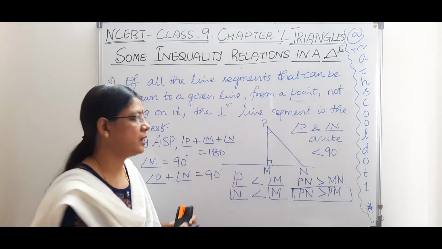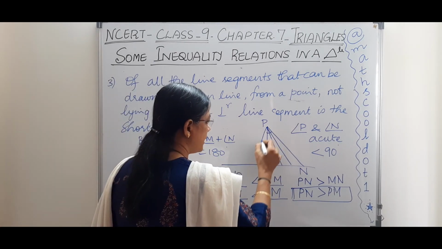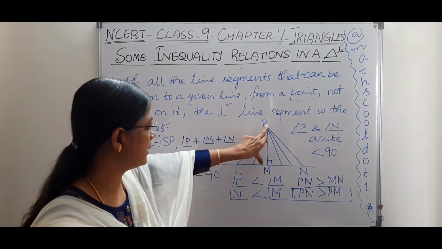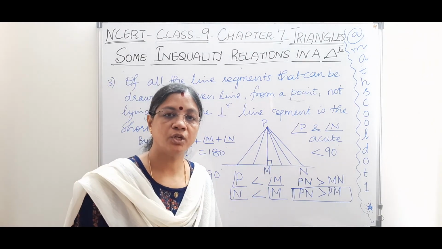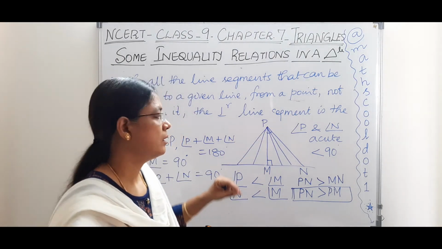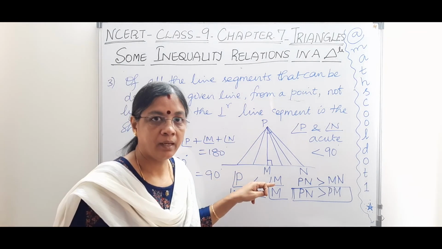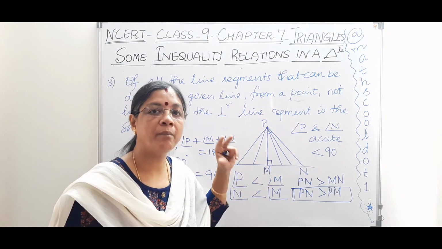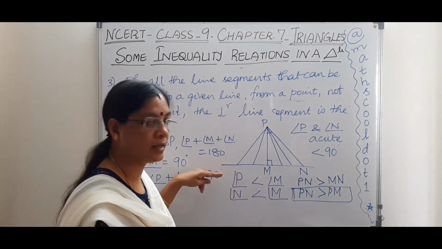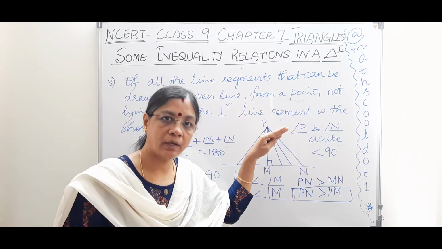So naturally, any line which is not perpendicular will always be greater than the line PM, which states that PM is the shortest line which can be drawn from P to a line segment, that is from a point not lying on it. So we are given a line segment and we have a point P somewhere not lying on it.